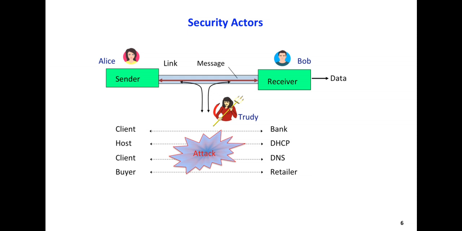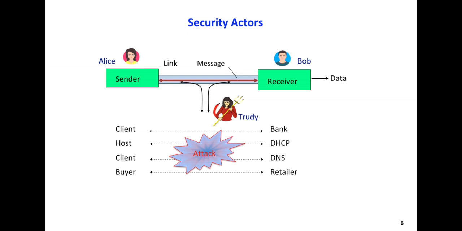So what can Trudy do? Simple things are eavesdropping, or somehow reading the message, intercepting the message, and trying to make out what is being said, or tampering with the message, altering it, so that the correct meaning is not conveyed.